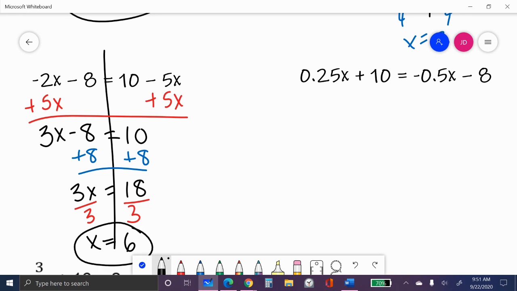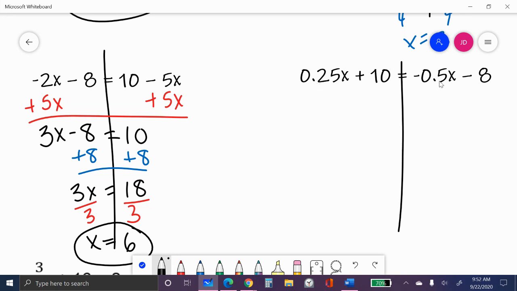All right, so once we get to this spot where we have a two or one-step equation, we know what we're doing here. All right, threw some decimals in here. They got variables and constants on both sides. So what I'm going to do is bring the smaller one. Again, negative 0.5 is smaller than 0.25.